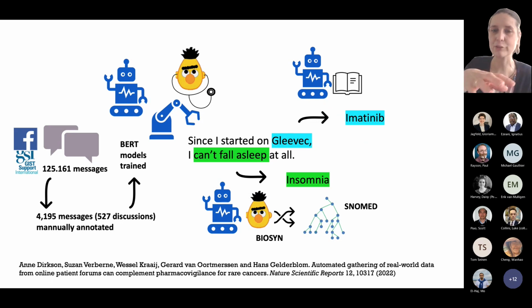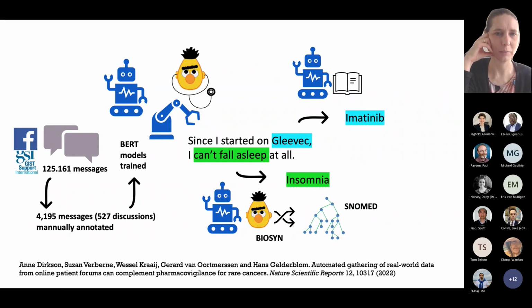Of course, there are many other ways to refer to insomnia, and therefore this mapping is not trivial. And we used a model there, which is also based on transformer encodings. It's called BioSyn. So there are two types of models here. We have the model that extracts the entities, and we have the model that matches the entities to the knowledge base, in this case, SNOMED, which is part of UMLS.